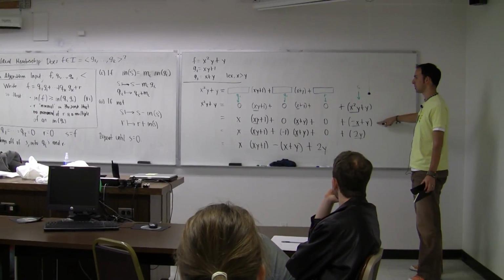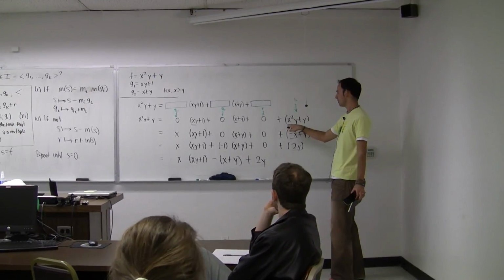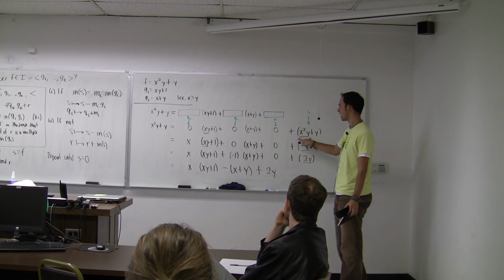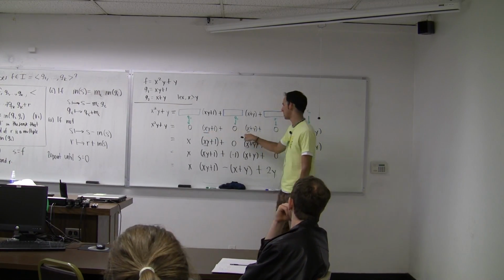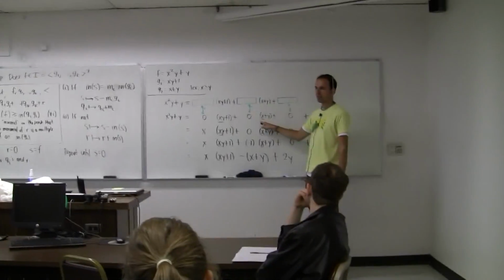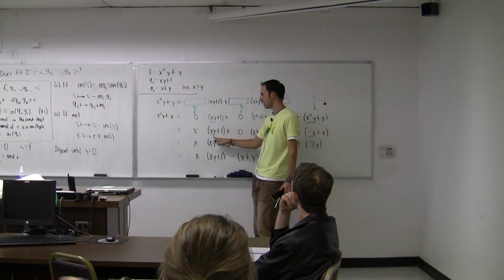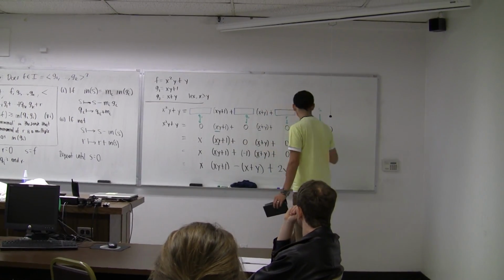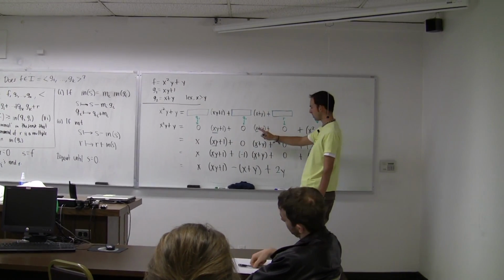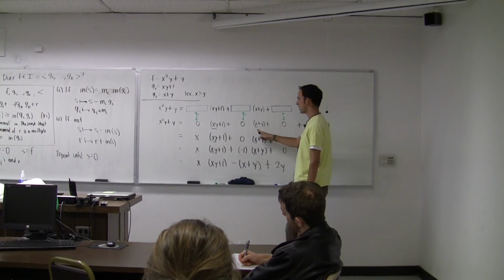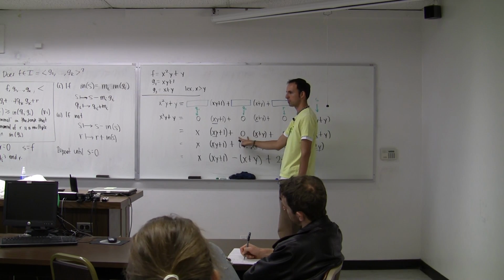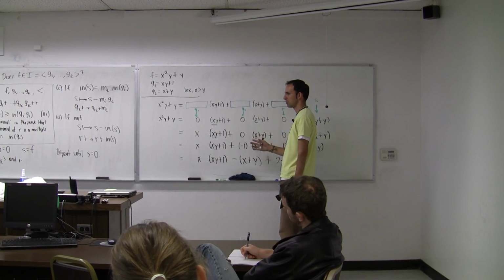I made a choice here, because here I said, okay, remember I wanted to peel off x squared y, and so I said, is this guy a multiple of this guy or of this guy? And I kind of cared that it said yes, it's a multiple of xy, and so I put it into here. But I could have just as well said x squared y is a multiple of x, and instead of putting an x term here, I could have put an xy here. And that'll give me a completely different answer.